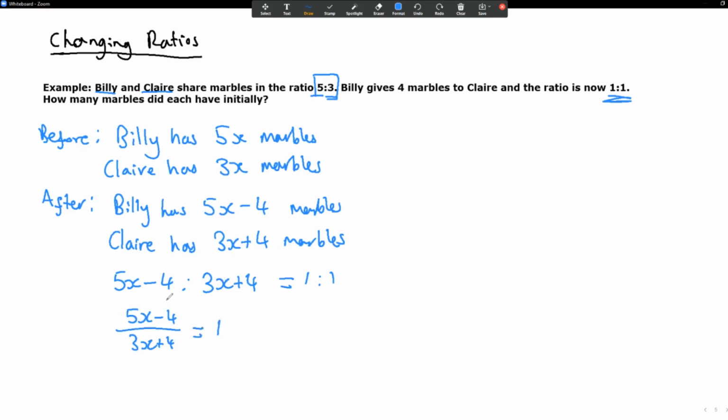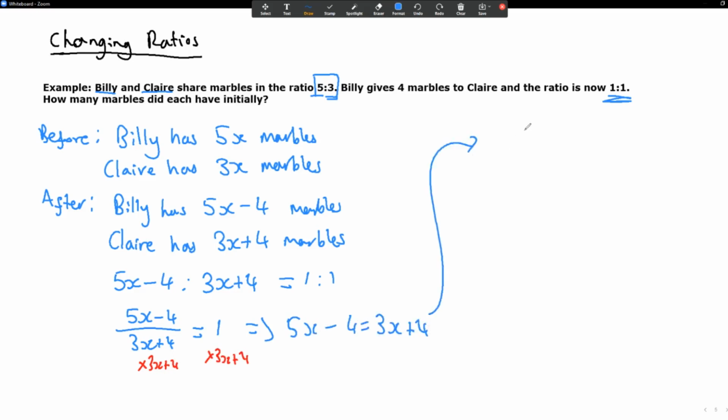Because obviously they're the same, so if you divided one by the other, you would get 1. And then you can multiply through by 3x plus 4 to get 5x minus 4 equals 3x plus 4.